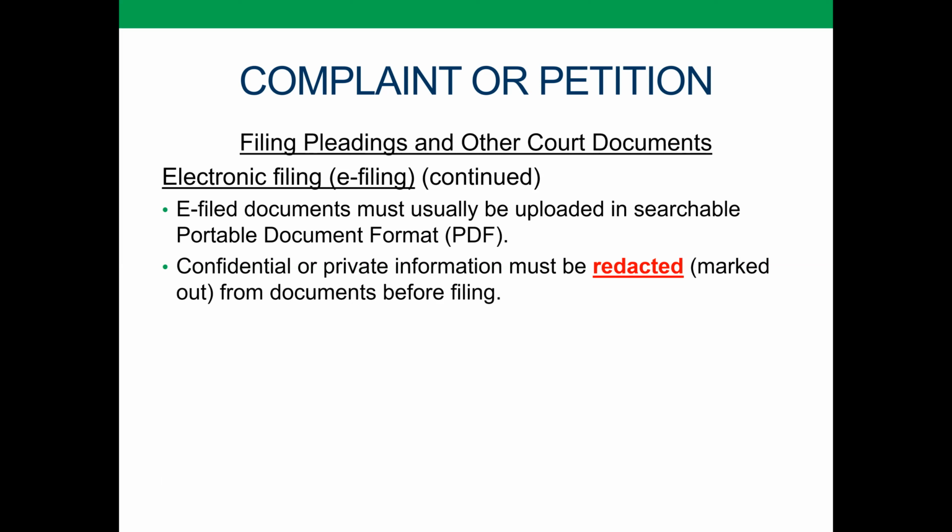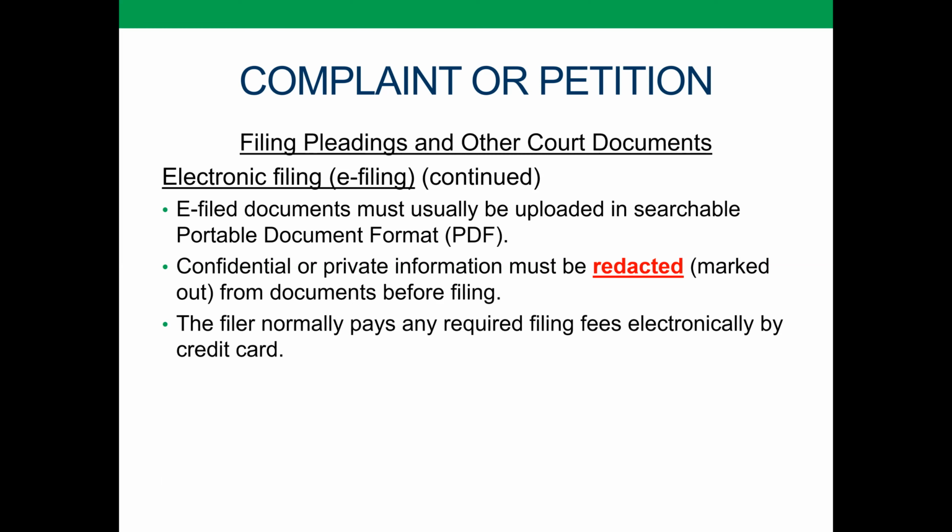It's the same concept here. It's just so that private information, especially information like social security numbers that could be used to steal identities, is not going to be visible, because court documents, most of them, are public record once they're filed. And so that's the importance of redaction.